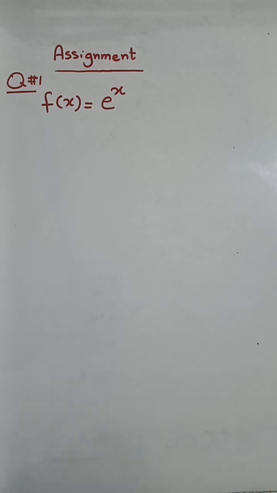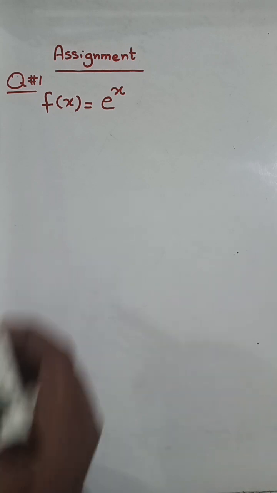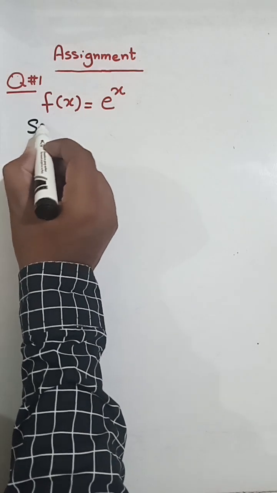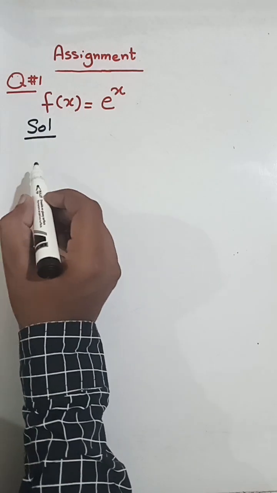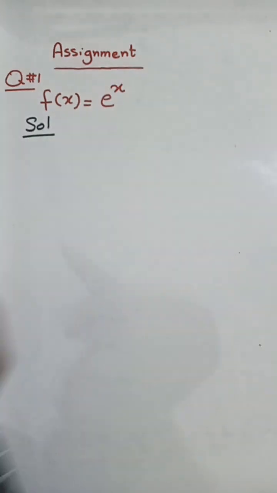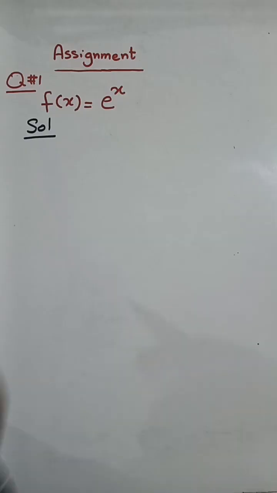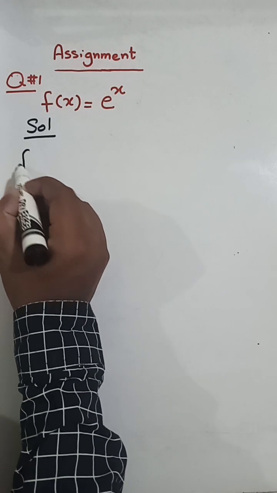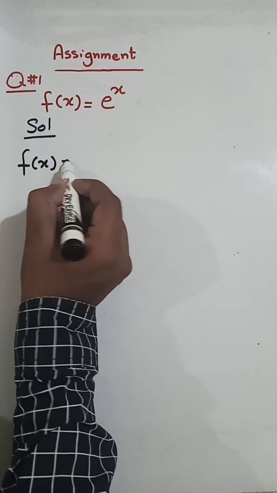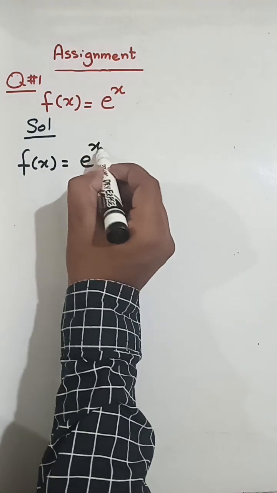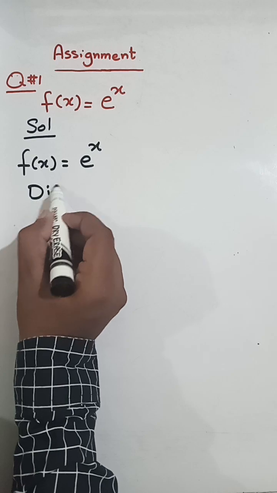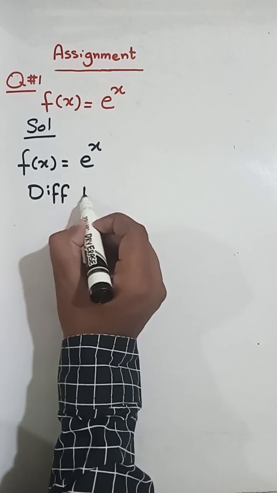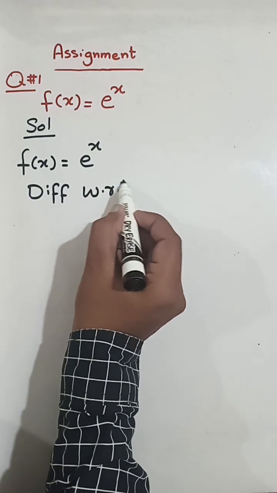So as I had mentioned in my previous class, the derivative of an exponential function is an exponential function, and its derivative is the same as the function itself. So differentiate with respect to x.